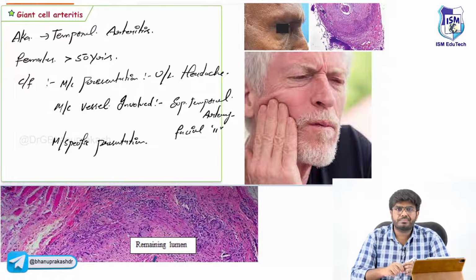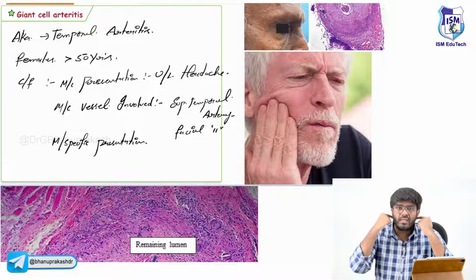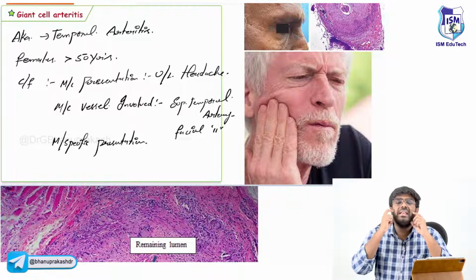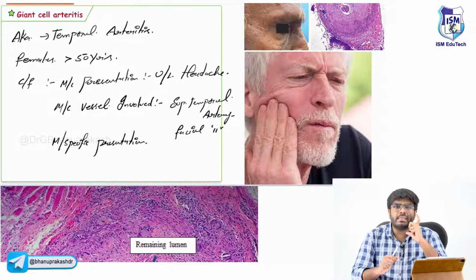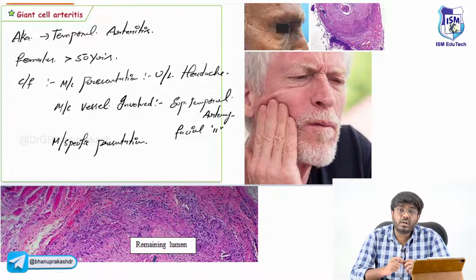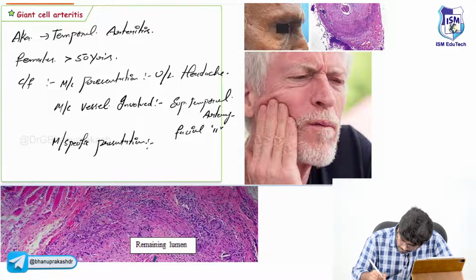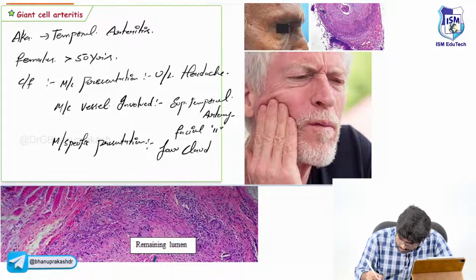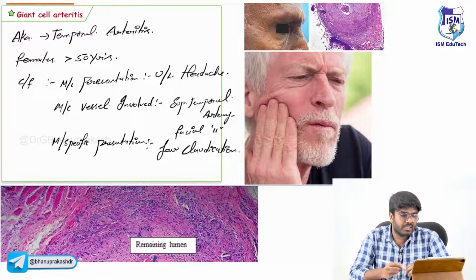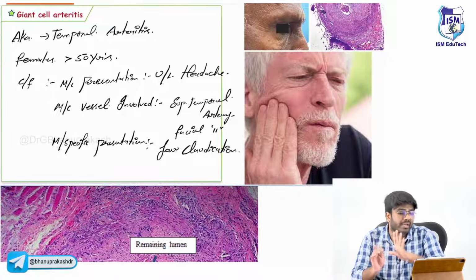If the facial artery is inflamed, whenever you open your jaw, that's going to cause pain. So that's called jaw claudication. These are all MCQs. Jaw claudication is the most specific presentation, which you should never ever forget.